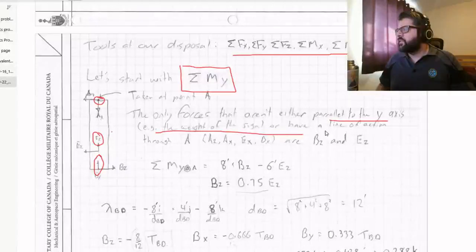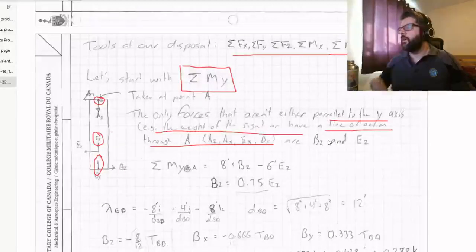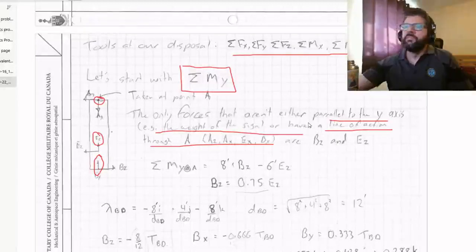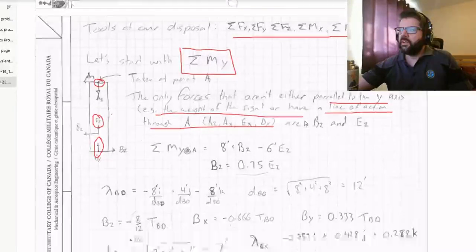So we got those ones, and then the line of action that goes through A gets eliminated from our calculation.